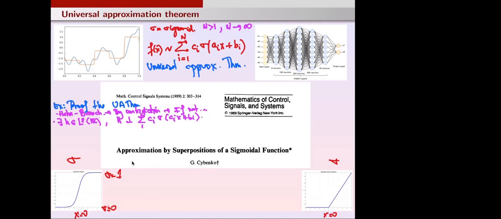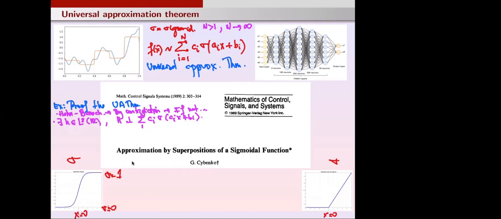In particular, if h is orthogonal to each of these functions, of course, it means that the integral of h against all these combinations of sigmoids is equal to 0. Of course, h will be in particular orthogonal to every individual sigmoid like this.